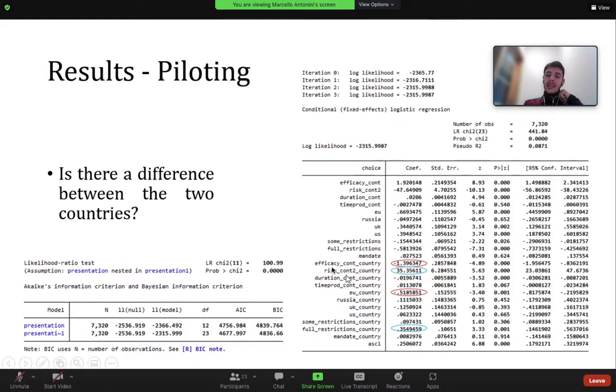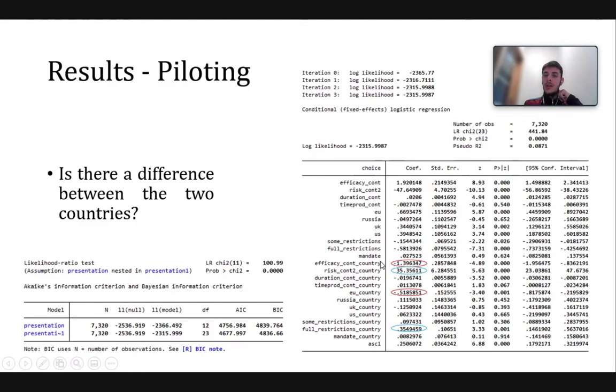When I say nested, I mean that if we set all these new parameters to 0, we end up with the same model that we had before, the original model. If you have a cubic specification for an attribute or another specification, you can't go back to the original model, so you cannot run the likelihood ratio test, because it's not nested.